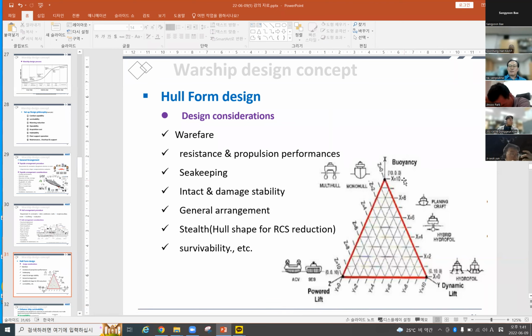If the speed goes from slow to high, first there are buoyancy ships, then hydrodynamic lift, hydrofoils, and like that, and more quickly, for example, air cushion vehicles and surface effect ships at about 40 to 50 knots. This one is about 30 knots, this about 20 knots, like that.